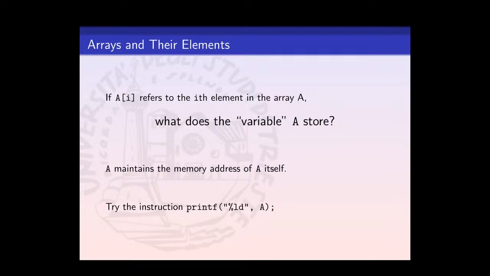So again, this is quite different from Python, for instance. If you come from Python, if you try to print an array, you end up with the array itself in the standard out. But this is not the case in C. So if you try to print the array, you end up with a number. So what's that number? The position of the array in the memory. That's it.